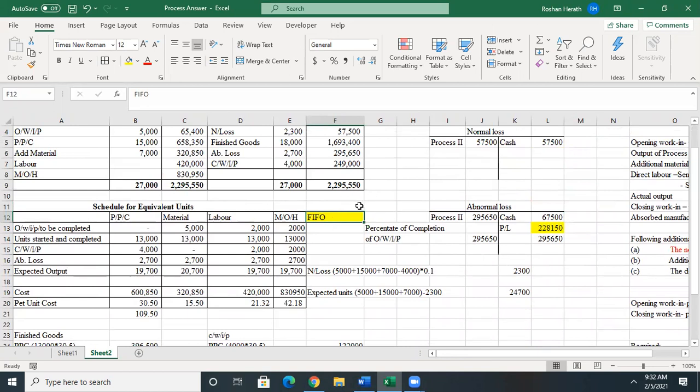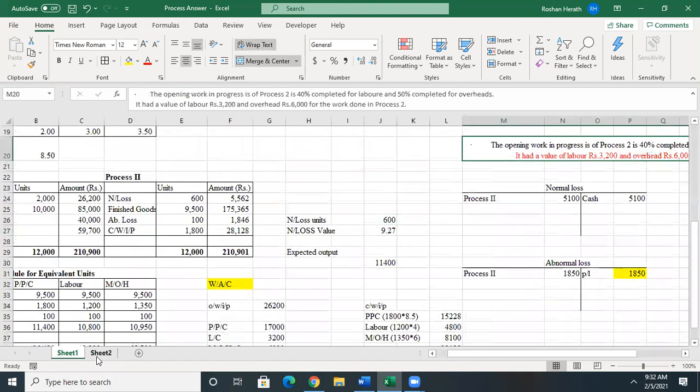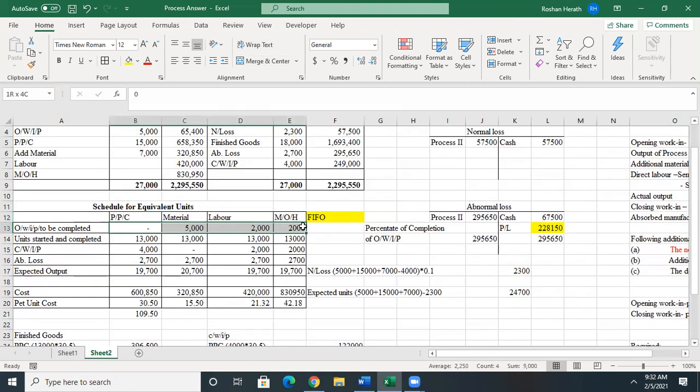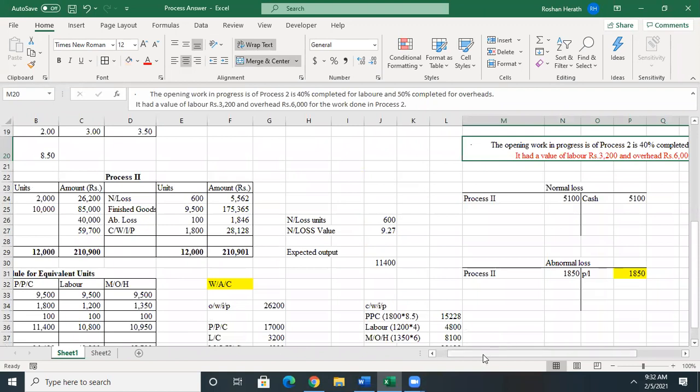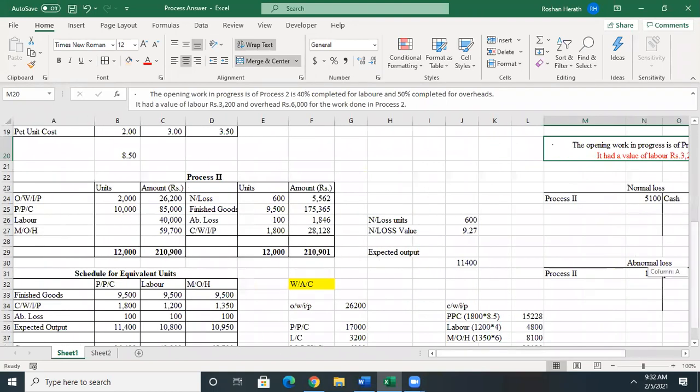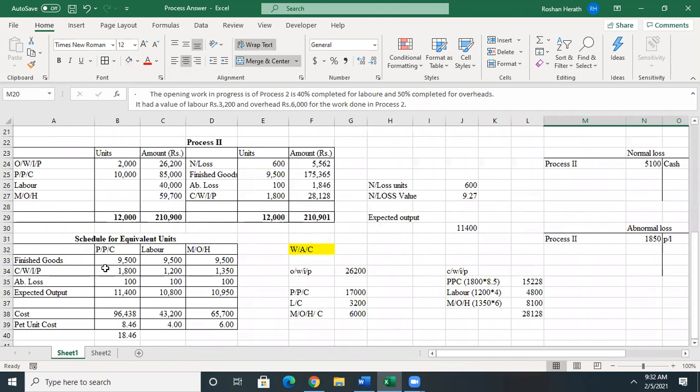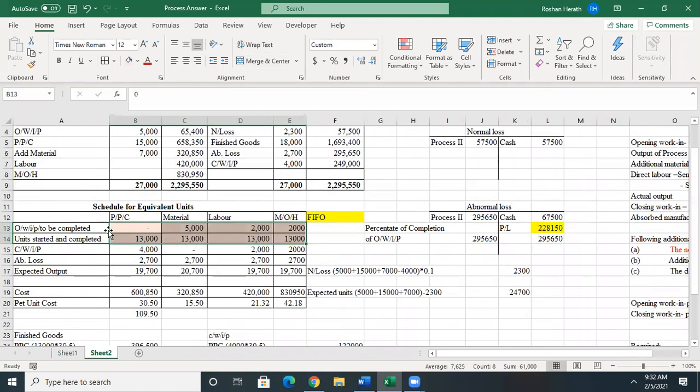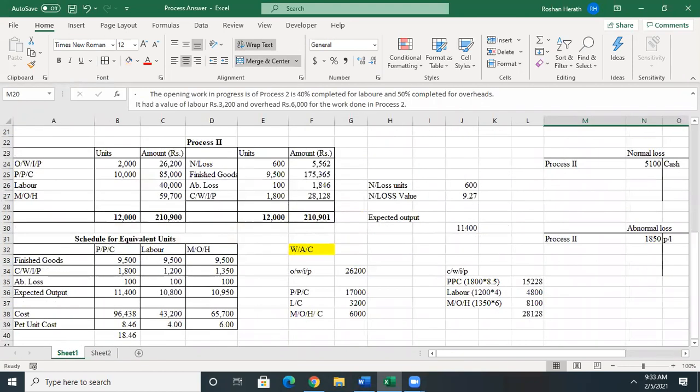When you apply this judgment, this information is needed. The percentage of completion is needed to work this out. This is the critical aspect, and it is a pretty important concept in FIFO: units and percentage of completion.